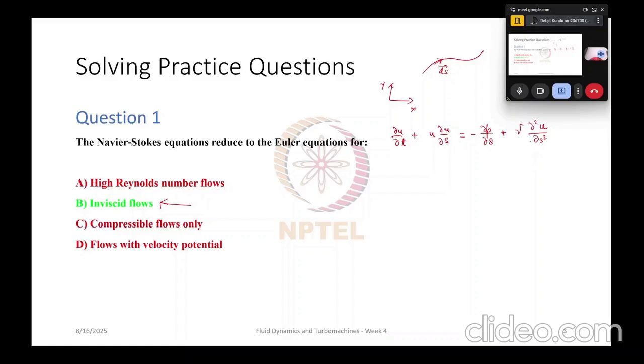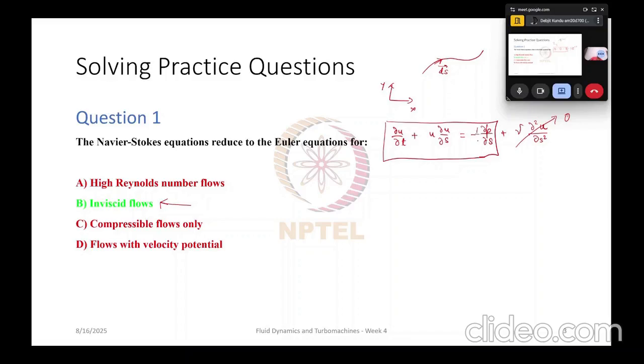So, in the absence of viscosity, this term goes to 0, and then whatever we are left with is nothing but the Euler's equation, where the total derivative of velocity or the acceleration is caused due to differences in pressure only.